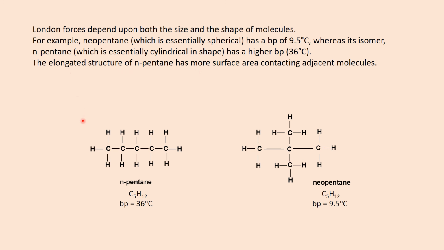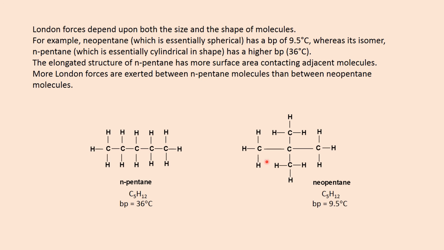Well, the elongated structure of n-pentane would have more surface area contacting adjacent n-pentane molecules as compared to neopentane, which would have less surface area. More London forces are exerted between n-pentane molecules than between neopentane molecules.